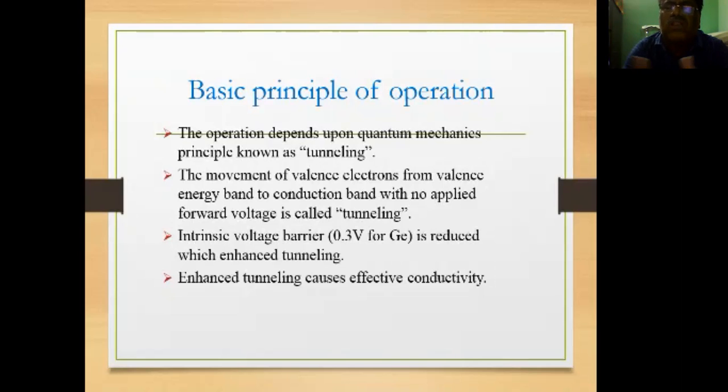That is called tunneling. The intrinsic voltage barrier of 0.3 volts for germanium is reduced, which enhances tunneling. Enhanced tunneling causes effective conductivity. Enhanced means increased.